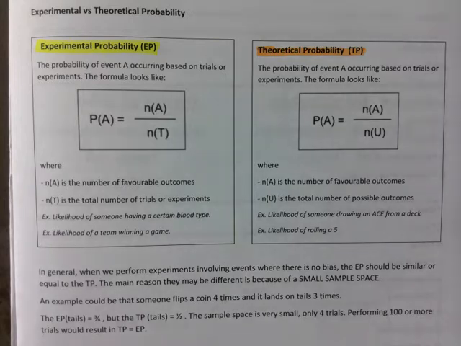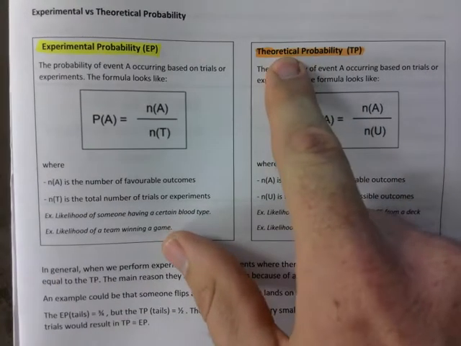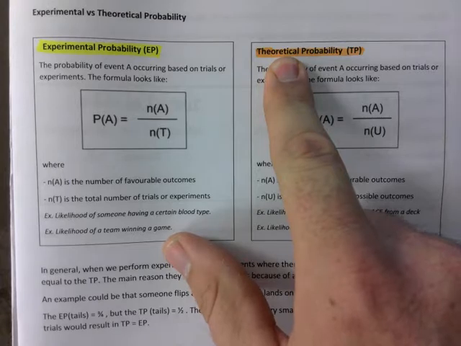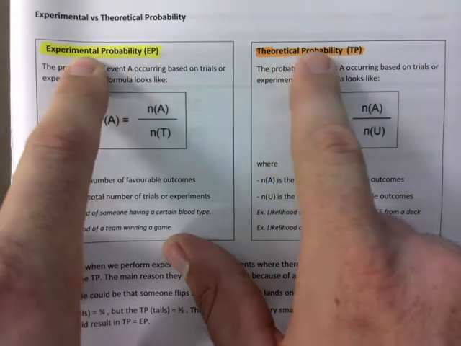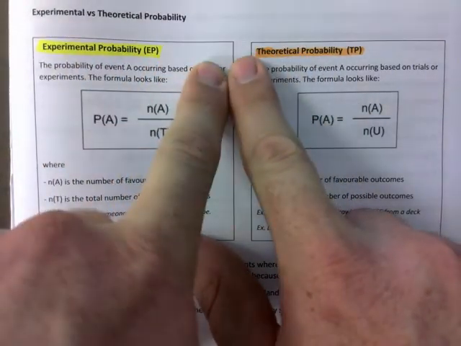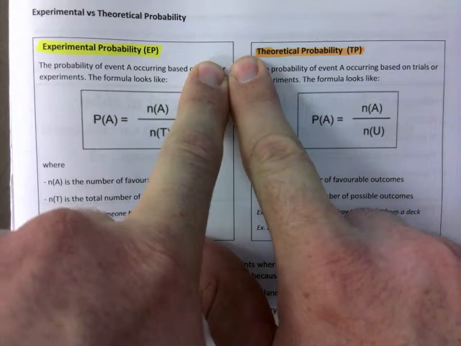Not really. The problem is you need to perform a lot of experiments. You need to draw maybe 100 to 200-300 times until you start seeing that pattern. Theoretical is based on a large sample size, and they should be close to the same if you perform enough experiments.